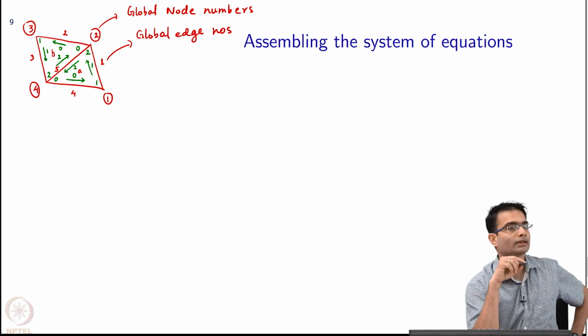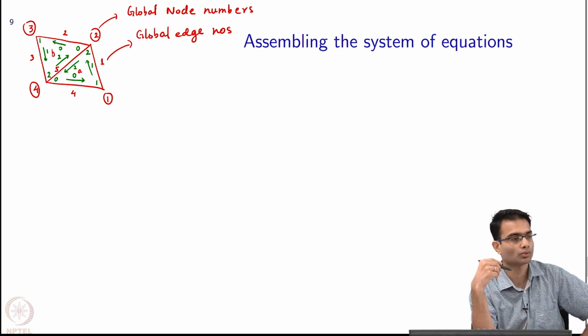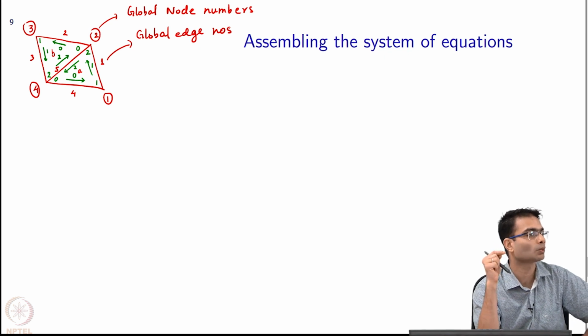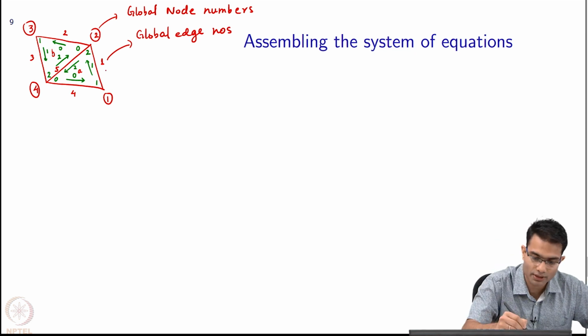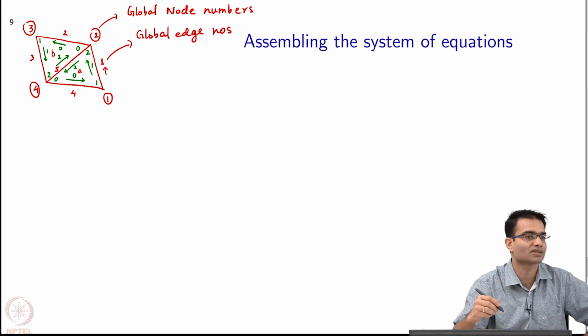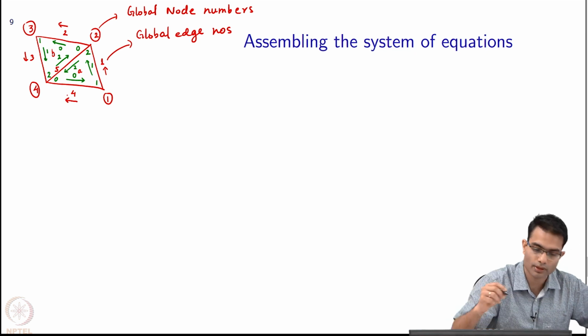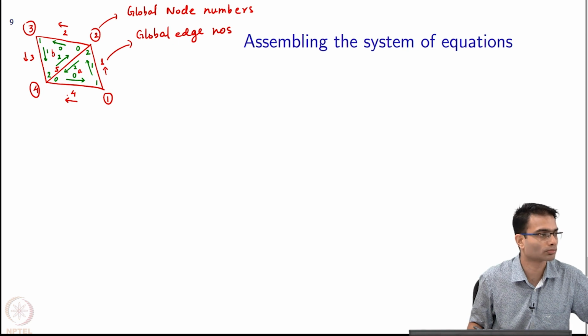So now just as I had a convention for local edges, that let us say from smaller node number to larger node number, similarly I can have a convention for the direction in which a global edge should point. So I can say that global edge number 1 is from smaller global node number to larger global node number. So this edge, for example, can be assigned to be pointing in this way, this can be assigned to be pointing in this way, similarly in this way, and then this will end up being this way, and 5 will be from 2 to 4.